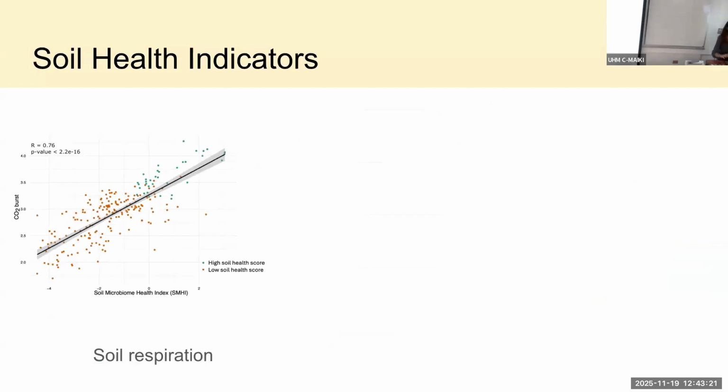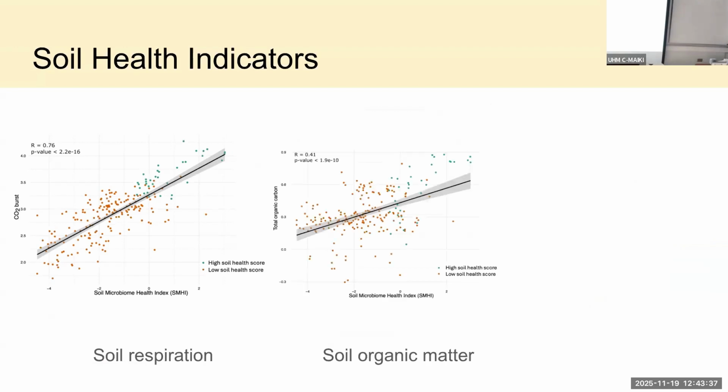And then the next step was to look at soil health indicators. So first, we looked at how the soil microbial index for each of the soil samples correlates with CO2 burst, so soil respiration, and we can see that they correlate. However, we also looked at total organic carbon.